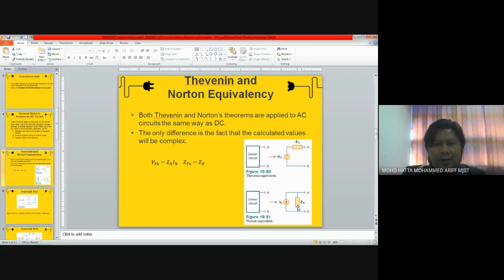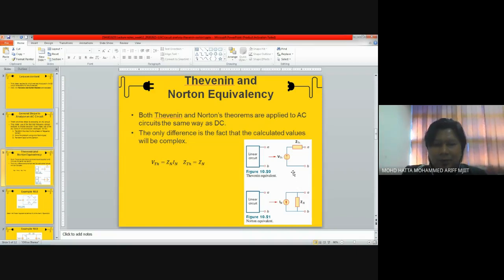And if you look at Norton theorem or Norton equivalent circuit, we should have current in parallel with our impedance. And if you recall back the source transformation theorem, basically, if you have a Thevenin equivalent circuit, you can easily convert it into a Norton equivalent circuit just by doing a source transformation technique.